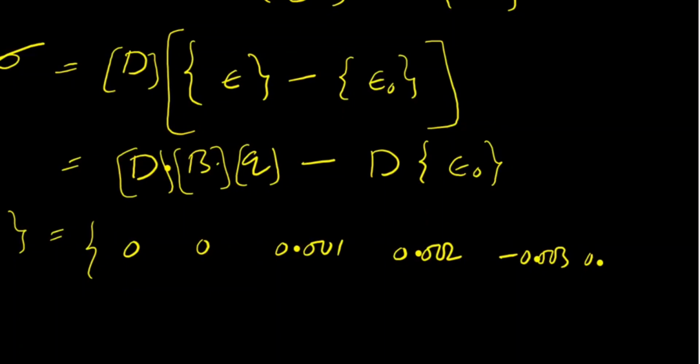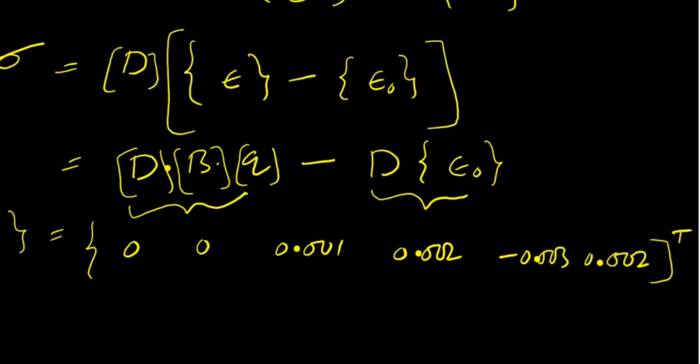It is written in transpose, but you have to make it vertical. Now make the multiplication with all these three, then subtract D into epsilon naught, which you just calculated.